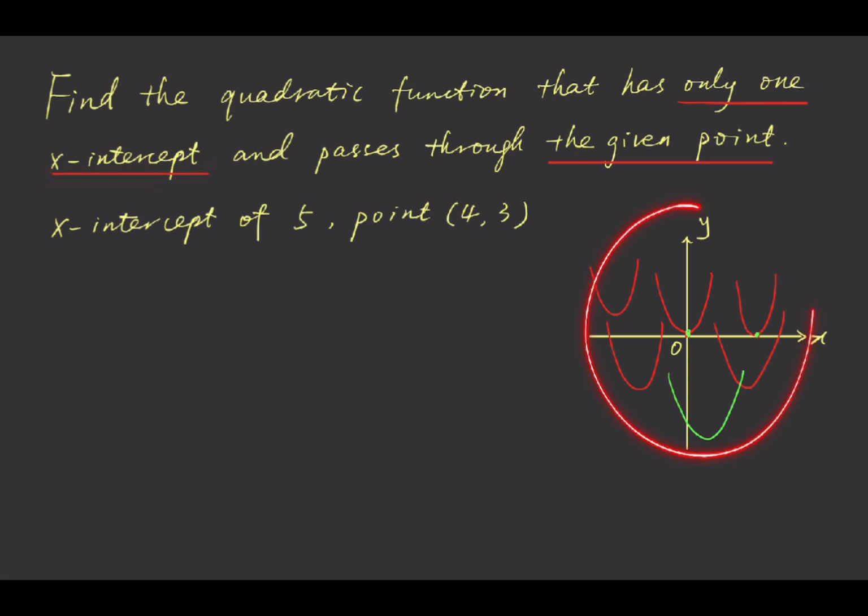So in this graph, just for this situation and this situation, the graph has only one x-intercept. That is to say, the vertex is just on the x-axis. You don't need to consider whether the graph opens upwards or downwards.